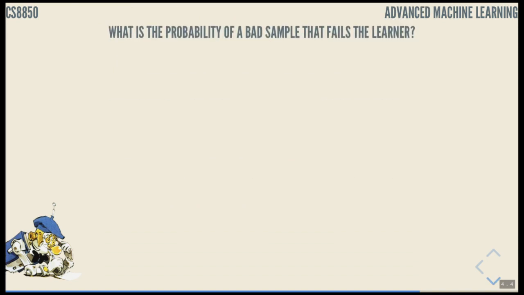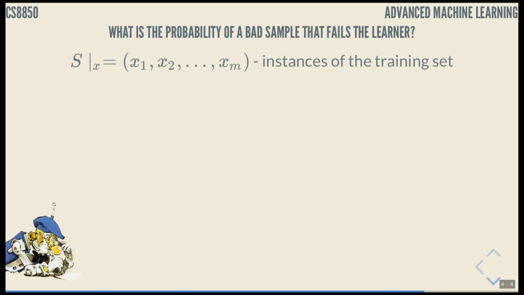So what is the probability of a bad sample that fails the learner? Right? What is the probability of drawing a bad sample that fails the learner? Let's define S bar X as the instances of the training set.